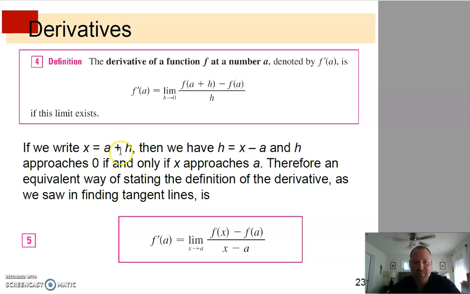So the way that we would write this is that at x equals a plus h, then we have h, which equals x minus a, and h approaches 0 if and only if x approaches a. Therefore, an equivalent way of stating the definition of the derivative, as we saw in finding tangent lines, is this.